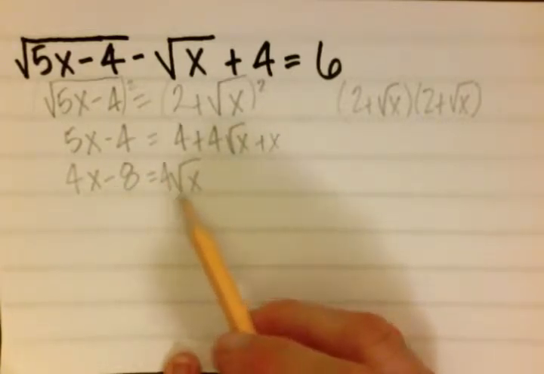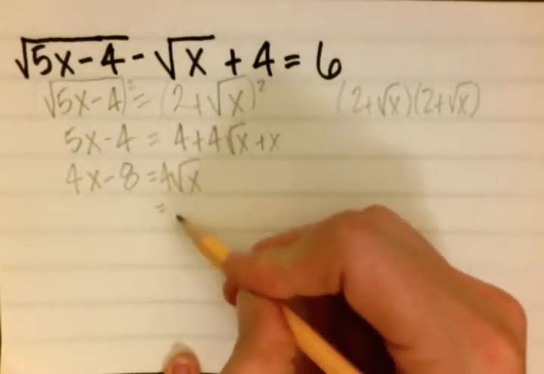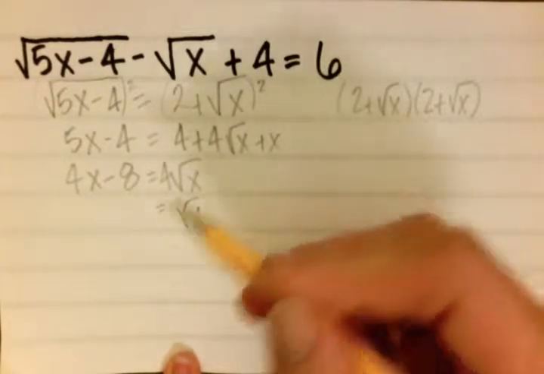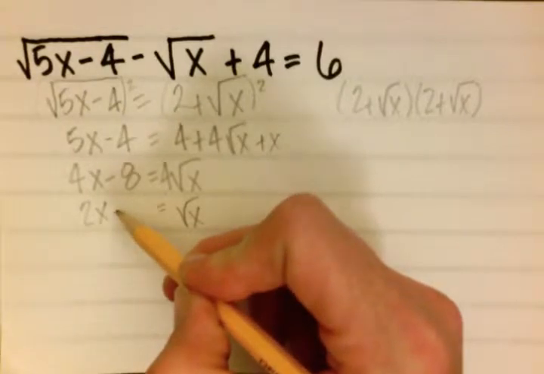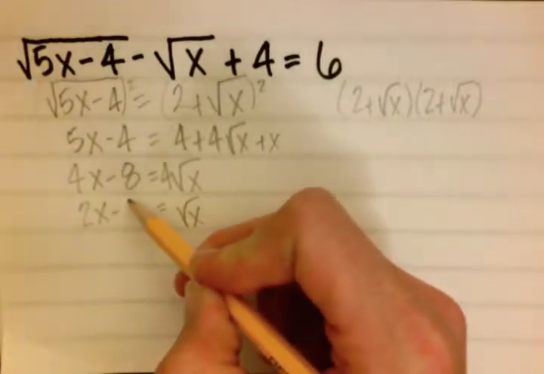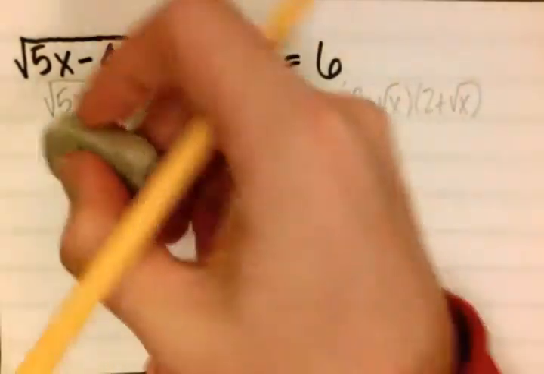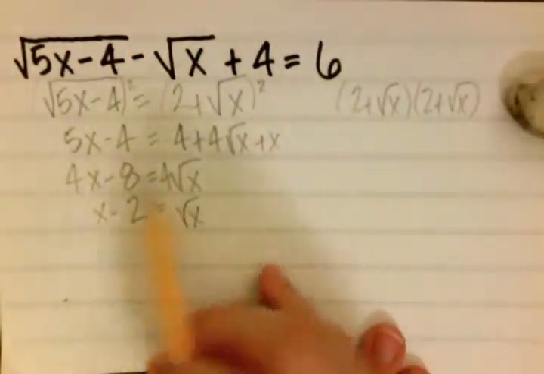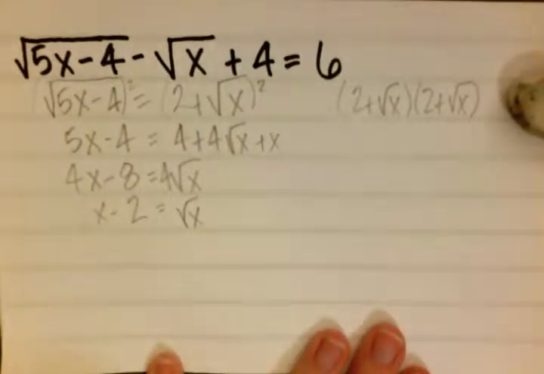So if we divide this by 4 and this by 4, we come up with square root of x. And this side is going to be x minus 2, because we divide 4 into 4x, and that leaves us with x, and we divide 4 into negative 8, and that gives us negative 2.